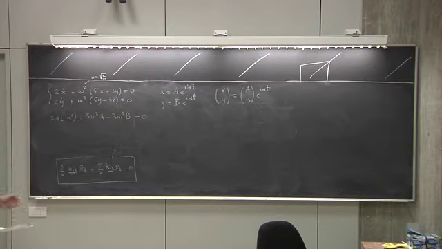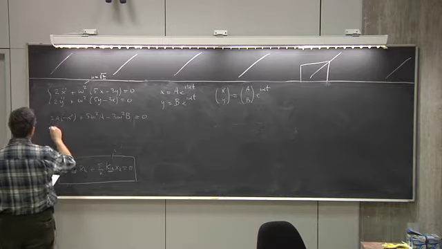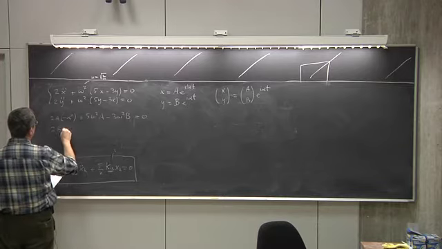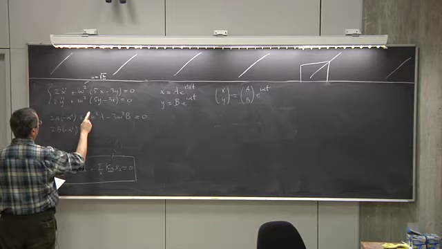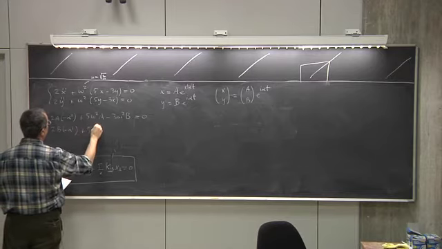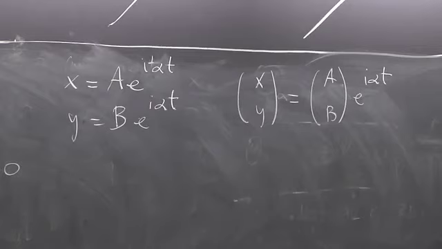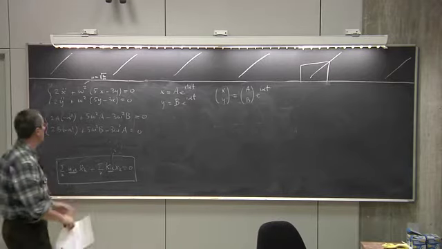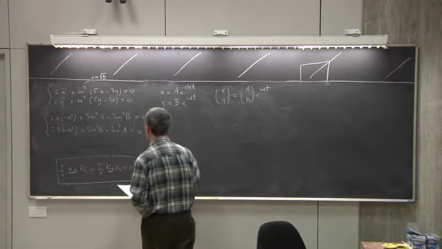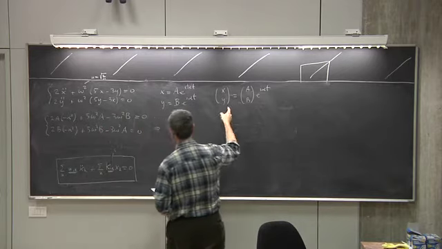By the same token, I get b times minus alpha square plus 5 omega square, minus 3 omega square a, equal to 0. So again, with this nice Fourier trick, I trade in a differential equation for an algebraic one, and now this I can solve. Let's put it in matrix form again.